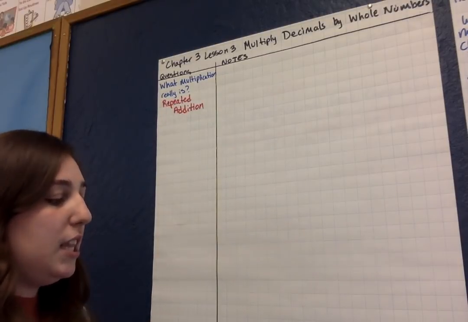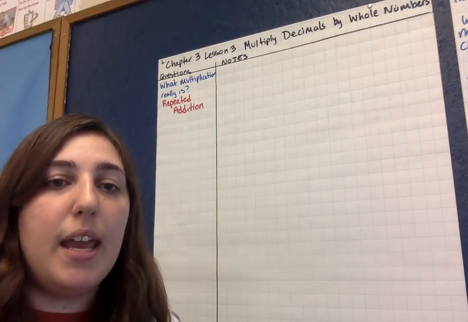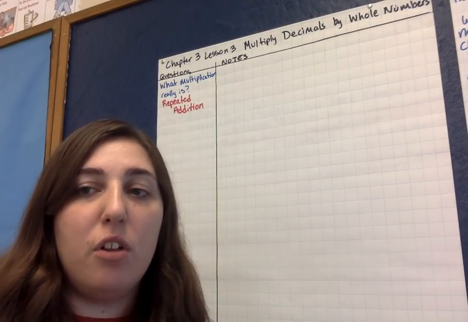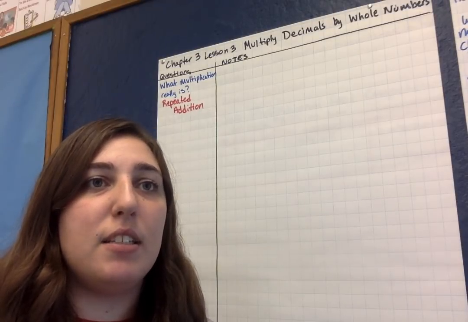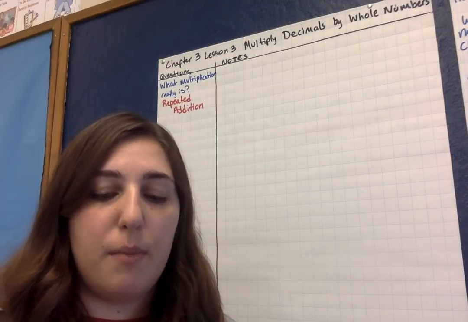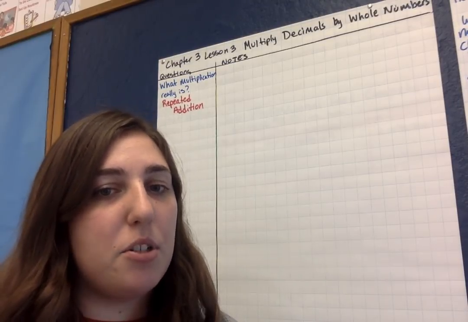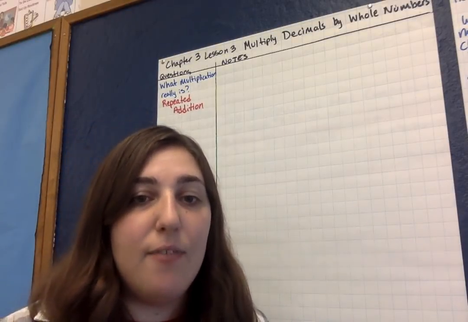Okay, so to think of an example, let's say we had a job and our job was to be a professional food competitor. Okay, so think of those people that race to see who can eat the most hot dogs or the most hamburgers in a certain amount of time. Okay, so that's our job. And in our job, we make $8.75 an hour.